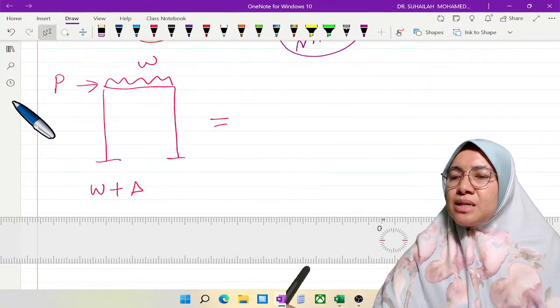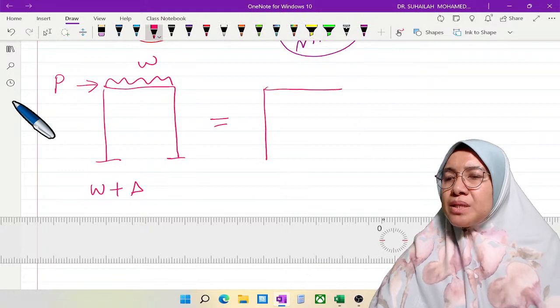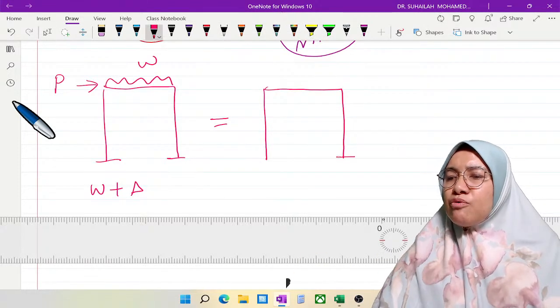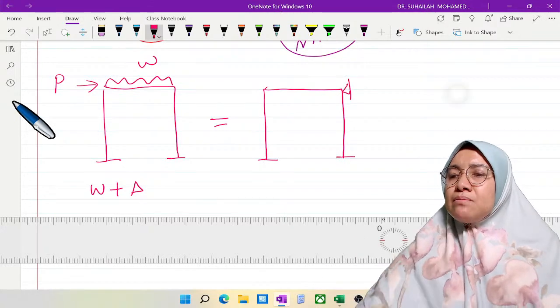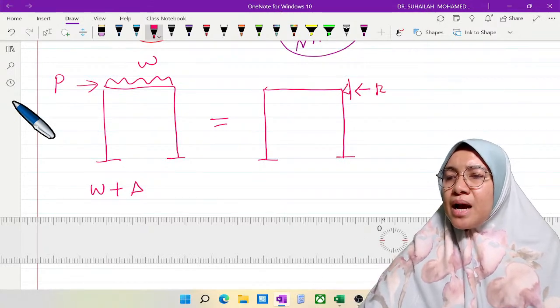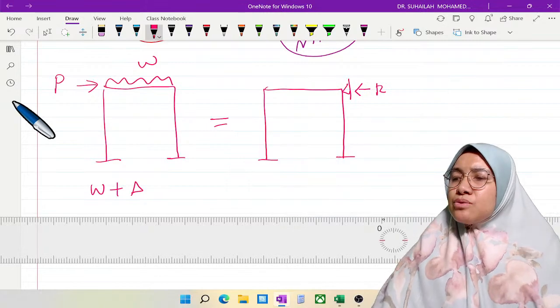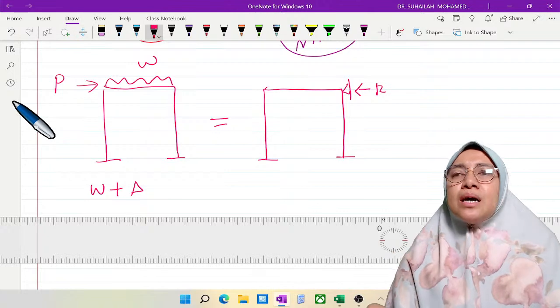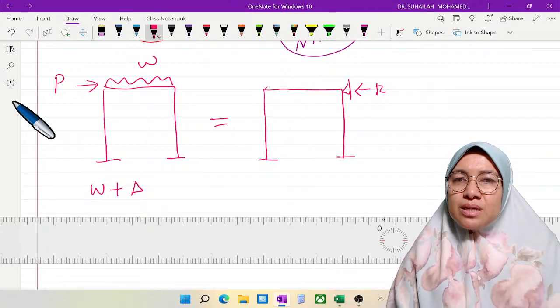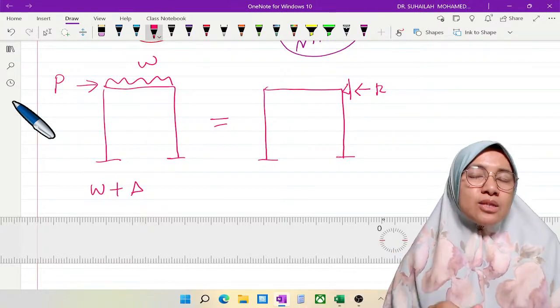So how do we separate them? Number one, we have to remove delta. How do we remove delta? We put a support here. When we put a support, it will have R. When we put that R, it becomes properly restrained. Properly restrained is another definition of a non-sidesway frame, a non-sway frame.